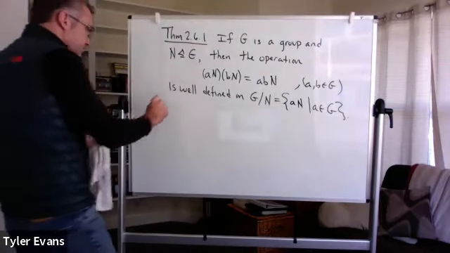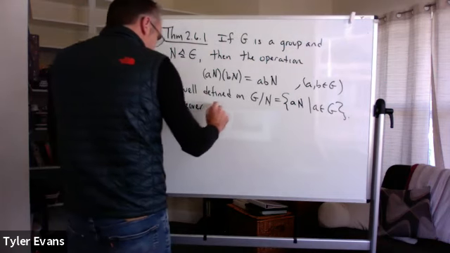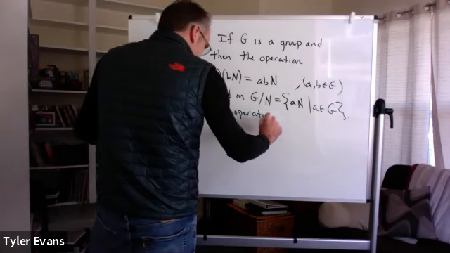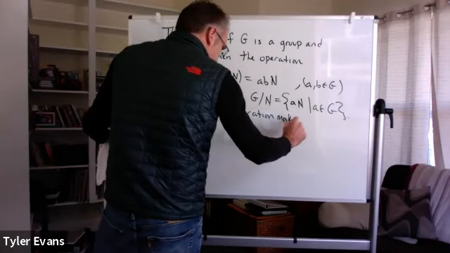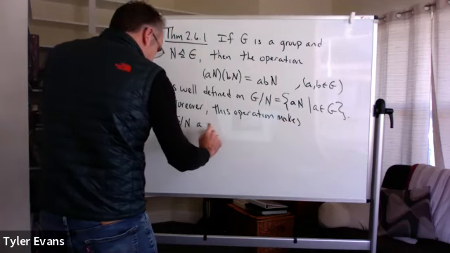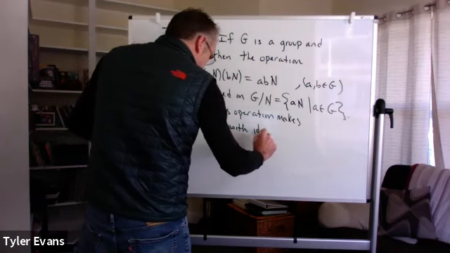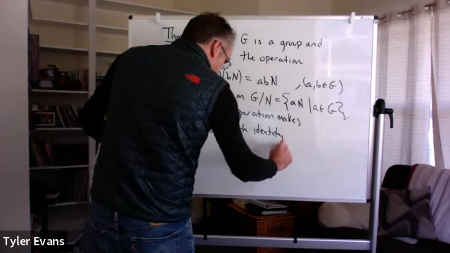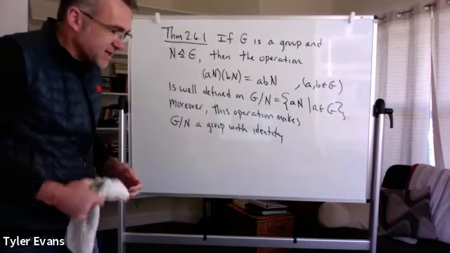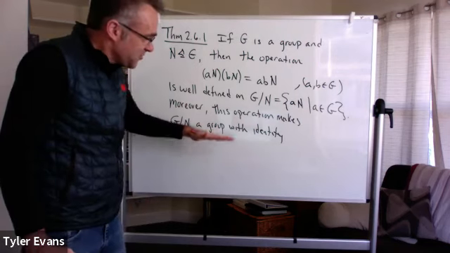And then moreover, this operation makes G over N a group with, I haven't said anything about this yet, but hopefully maybe you will really pause it and see if you can tell me, it's a group with identity.